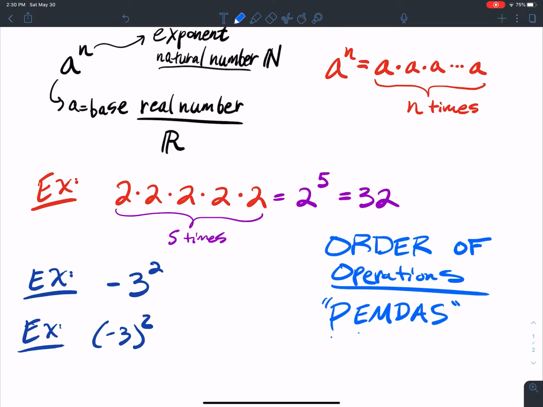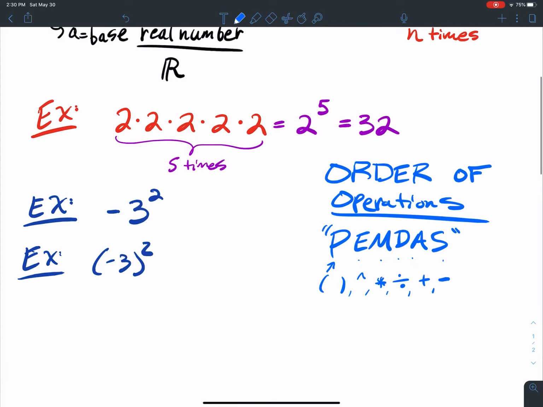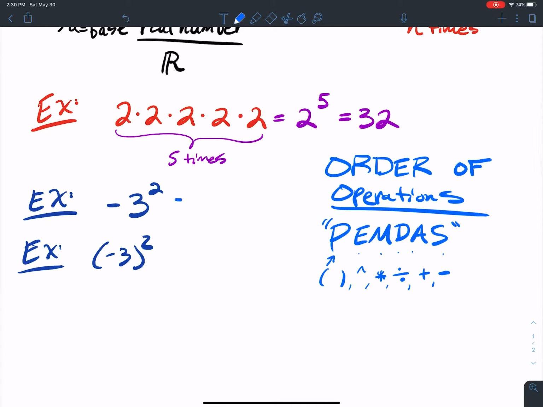Please excuse my dear Aunt Sally, right? What does it stand for? Parentheses, exponents, multiplication, division, addition, subtraction. Okay? So that's the order in which we do things. So when I look at this, I've got my exponent first here.